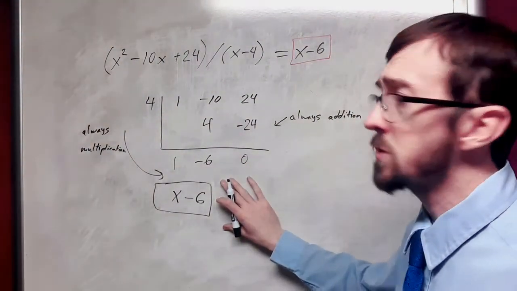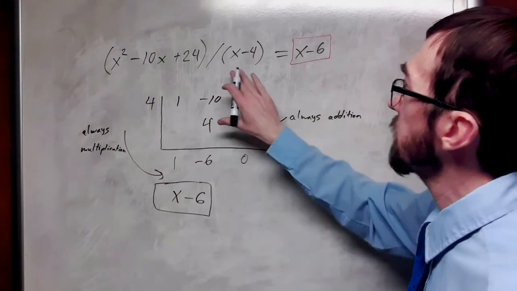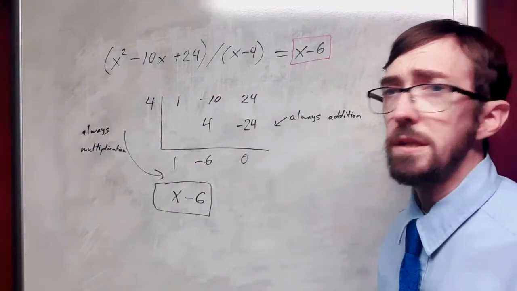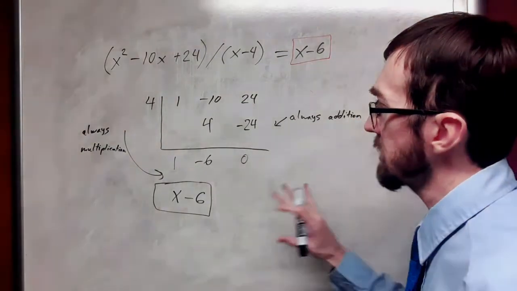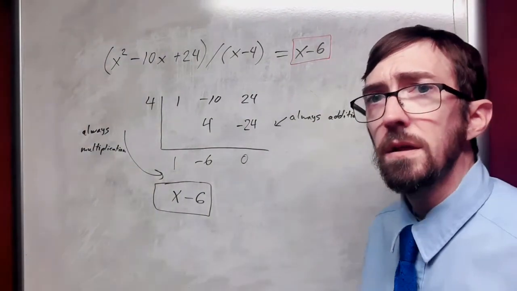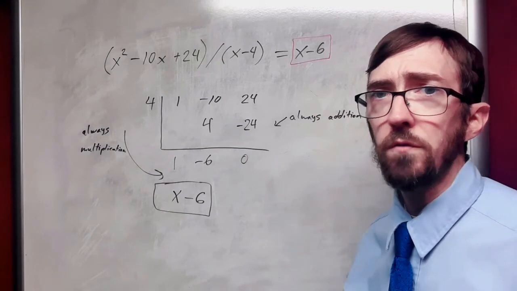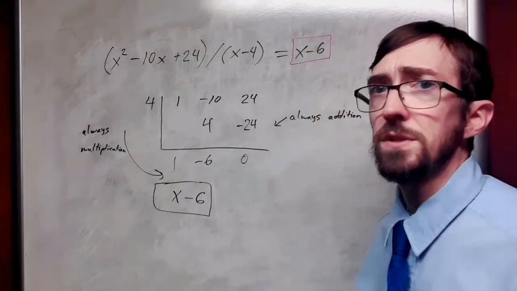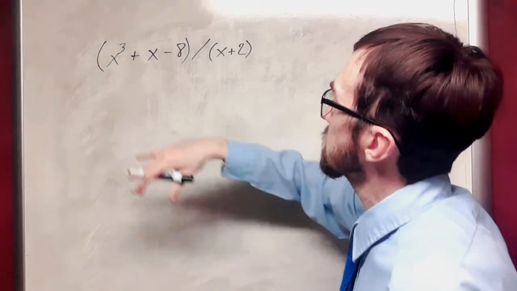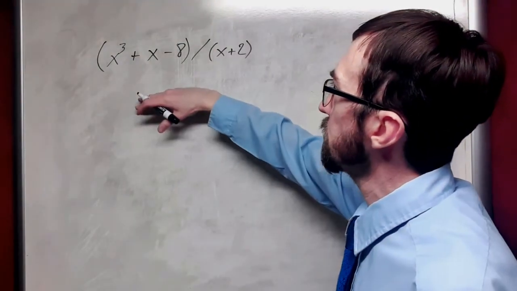It gets us the same result. It works when we have the key conditions that we need. So this is a nice way to divide. Let me give you one more example that's going to be a little more involved so you can see more of this play out.